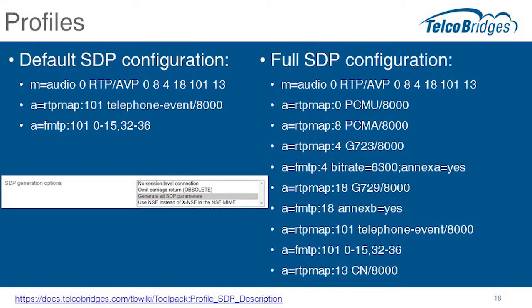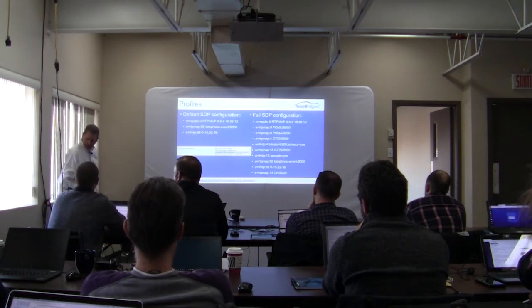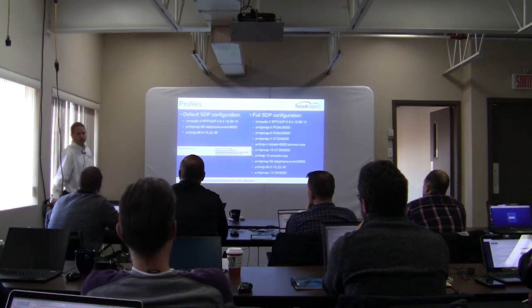You need to specify the bit rate if you're using Annex A, and then 18 is G729, and Annex B again here. What is Annex B? These are definitions in the specifications.